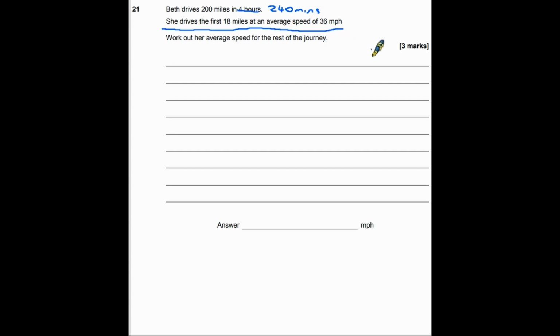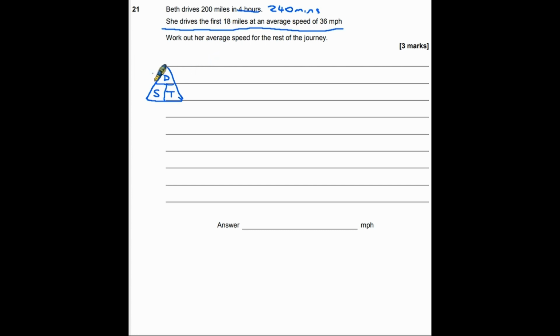Let's work on the first part of the journey. We need to know how much time that has taken up so we can work out what time she has left for the second part of the journey. We're going to use one of the triangles that we can use to help us with this kind of calculation, and this one is the distance, speed and time calculation. What do we know?